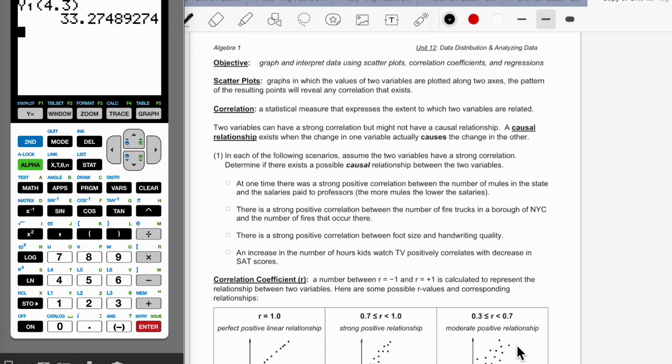Correlation is a number that tells us how strongly two variables are related to one another. Correlation itself is the relationship between two variables, but for our purposes, we're going to come up with what's known as a correlation coefficient. That's going to give us a numerical value. But just because two variables are related to one another doesn't mean one actually caused the other to happen.